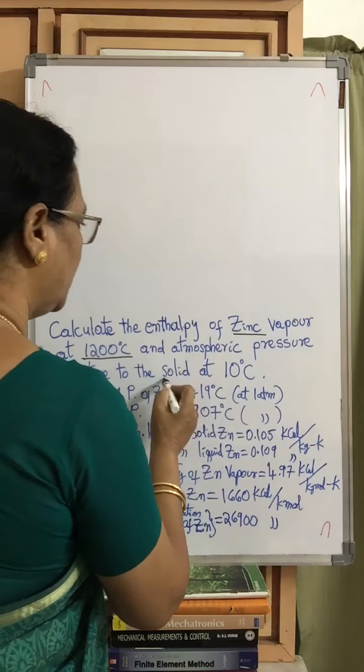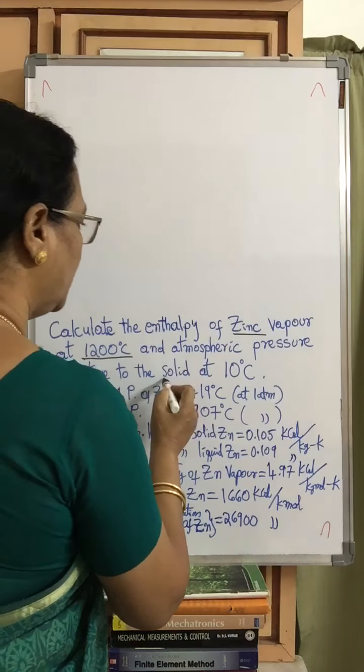After reaching 419, it is melting at 419. That is, required to melt zinc from solid to liquid. Melting is taking place at 419 only.